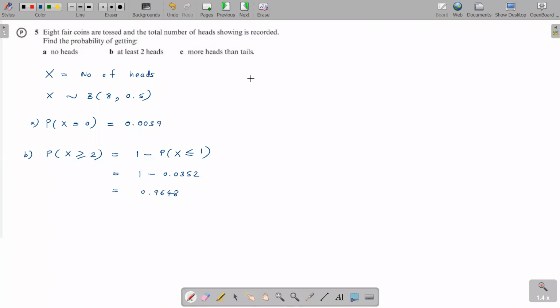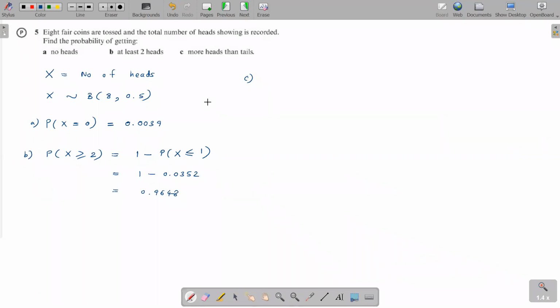Part C, more heads than tails. So how do you get more heads than tails? Guys, we know X here models the number of heads. If you get X equals 0, then you get 0 heads, which means all the 8 coins gave you tails. X equals 1 means from the 8 coins you get 1 head and 7 tails.